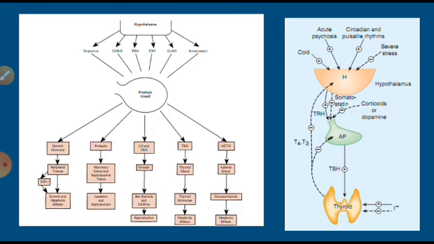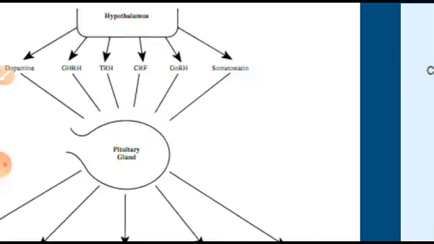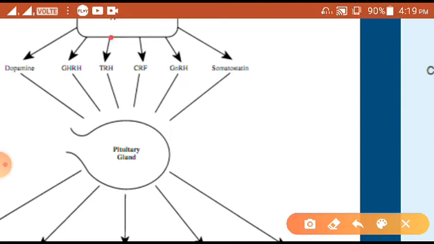The hormone cascade actually begins when there is a secretion of a tripeptide, thyrotropin releasing hormone, which you can find here, TRH. So actually things start happening when the TRH is released.